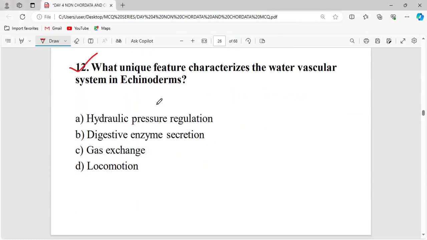What unique feature characterizes the water vascular system in echinoderms? See, it has almost all the functions, but what is being asked here is the unique feature which characterizes the water vascular system in echinoderms.